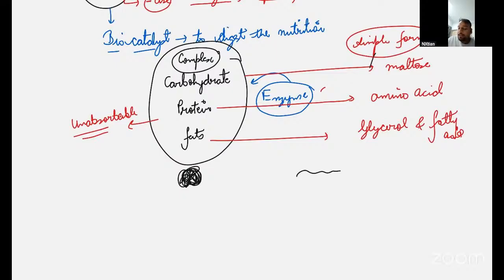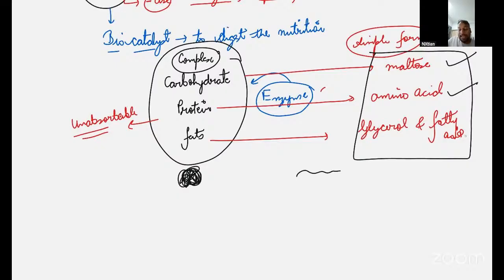These are the simple forms that our body can absorb. We can absorb maltose, amino acids, and glycerol. So the role of enzymes is to work on these complex nutrients and convert them into a simple form so that we can absorb them.